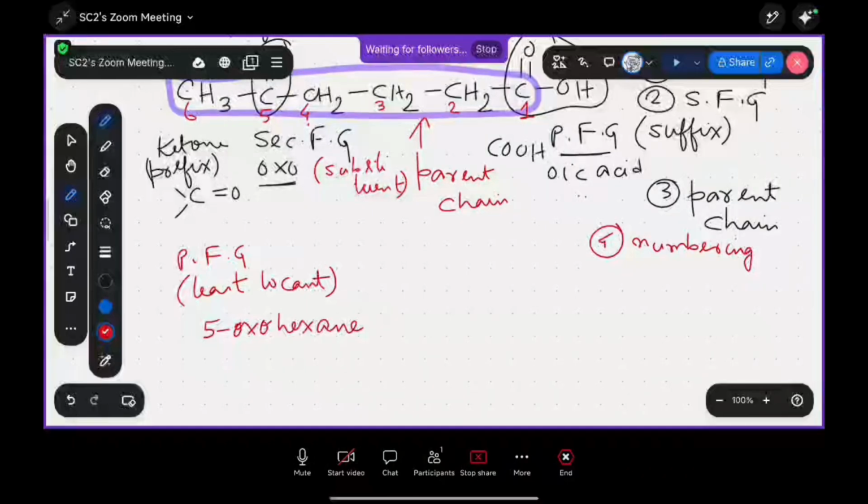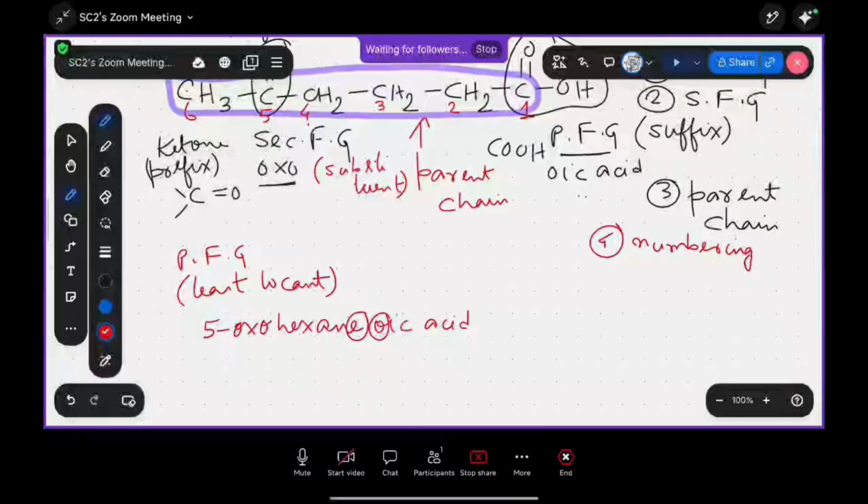And at the 1 position we have carboxylic acid, COOH, which is the principal functional group. So we have to use the suffix for that, that is oic acid. 5-oxohexaneoic acid. But E and O, two vowels, cannot be adjacent to each other.